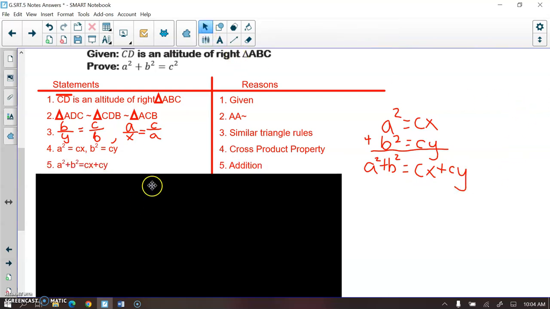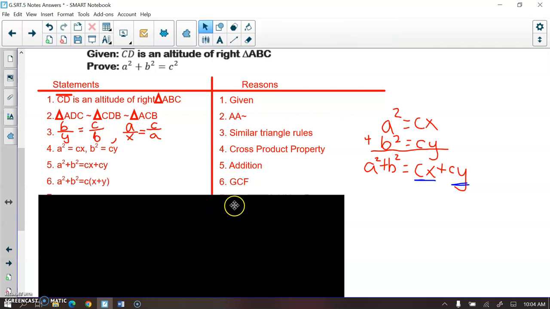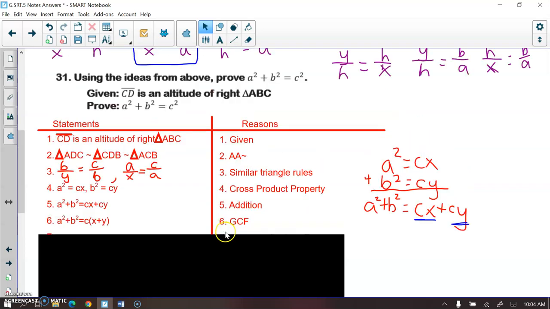So that's just addition. I added the two equations together. Now we should notice that both of these terms have a c in them. So we can use the greatest common factor to factor that c out to get a squared plus b squared is equal to c times the quantity x plus y.